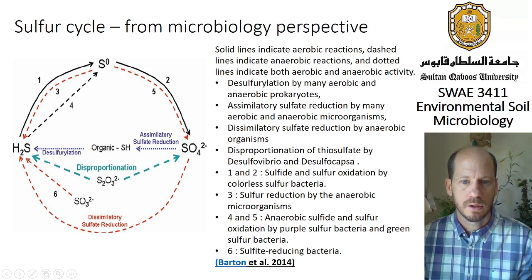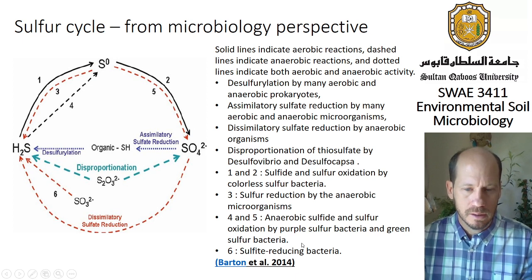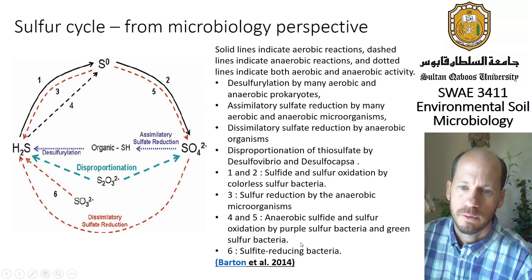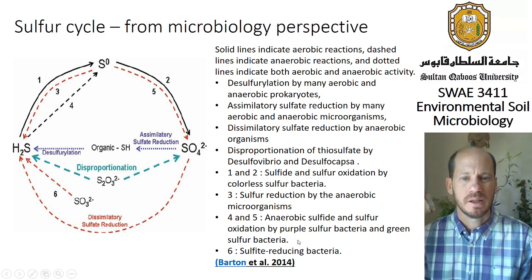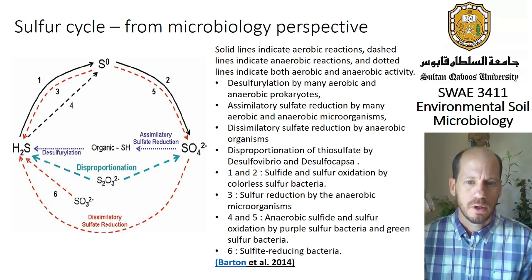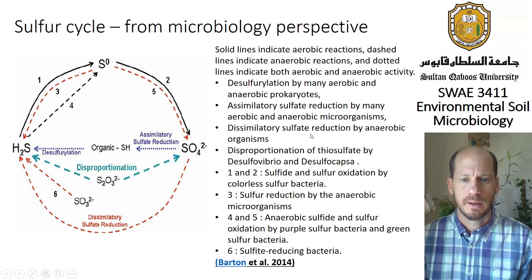They use the sulfur as a source of electrons also, and therefore they can be oxidizing this sulfur, but also they need sunlight for this photosynthetic mechanism. And these photosynthetic mechanisms are not using water. So they are not emitting oxygen in these systems. And last but not least, we have sulfite-reducing bacteria in soil environments.